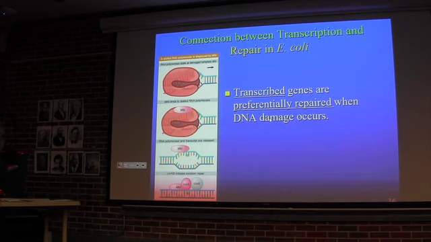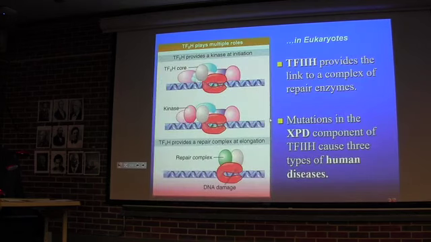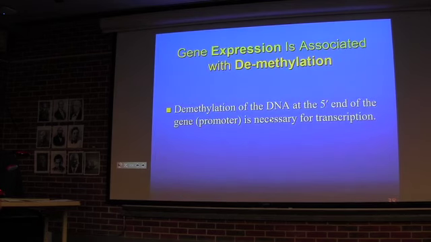Remember we talked about the MFD in bacteria, whereas in eukaryotes it's H that recognizes a stalled polymerase. I think we've already covered this type of stuff. Demethylation of DNA at the 5' end is necessary for transcription.